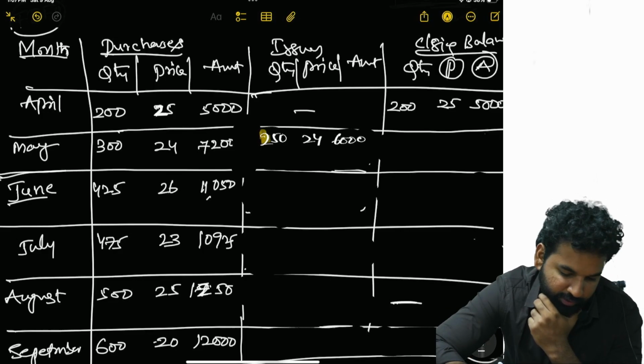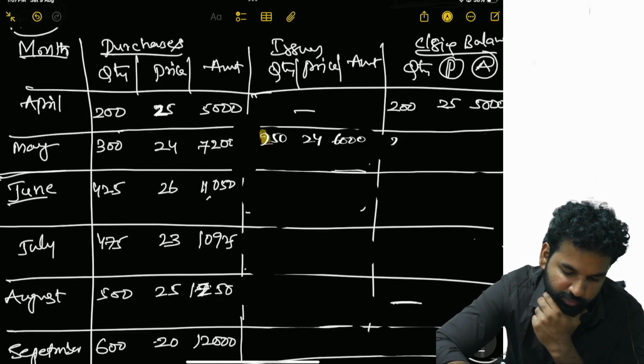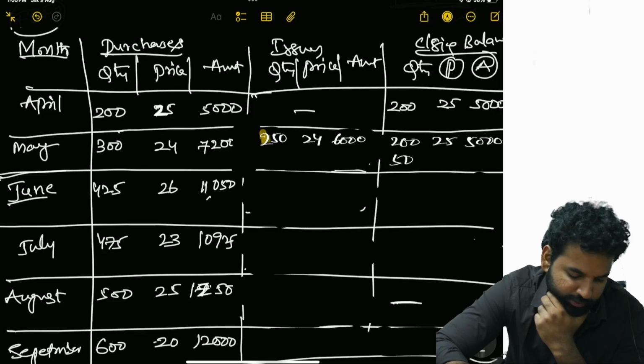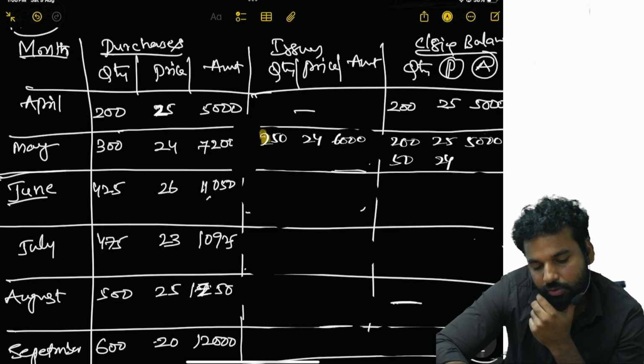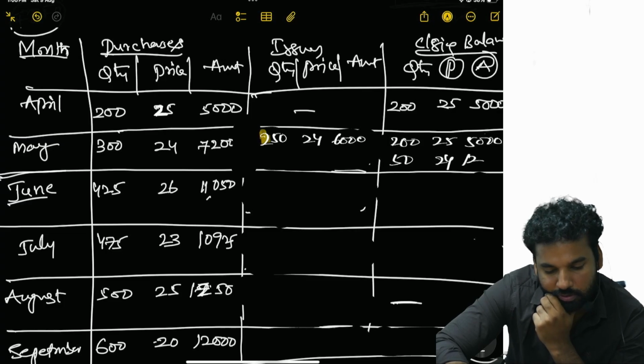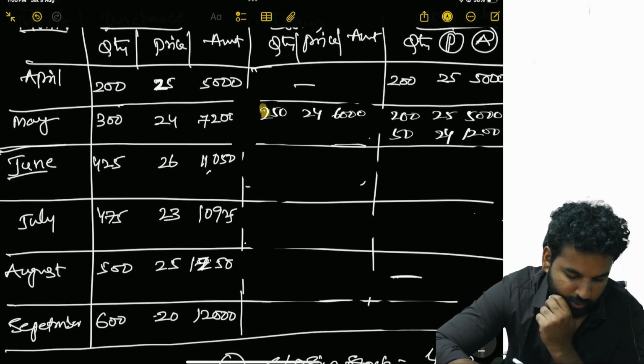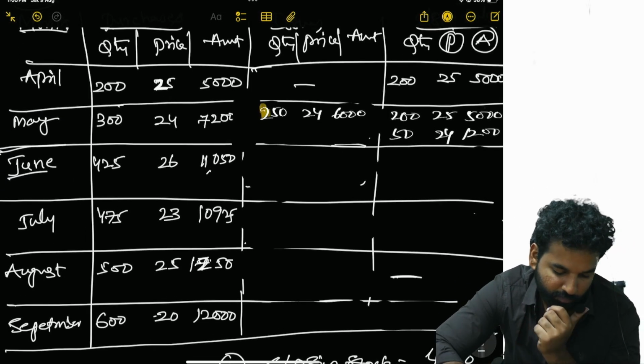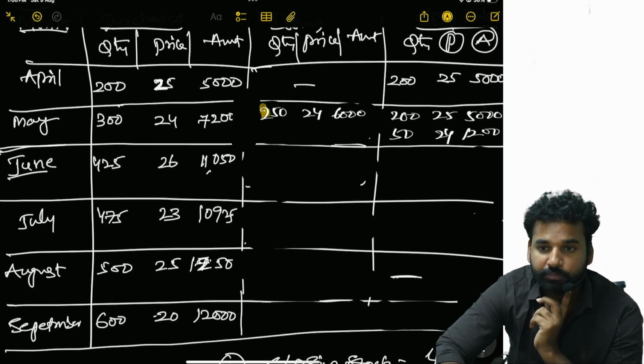Next remaining 50 units will be there. So 200 units of 25 will be there for 5,000. 50 units of 24 will be there, which is 1,200. Okay. Right.